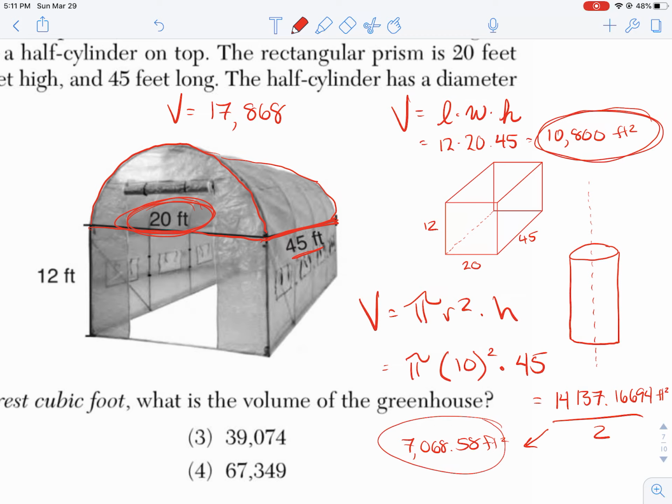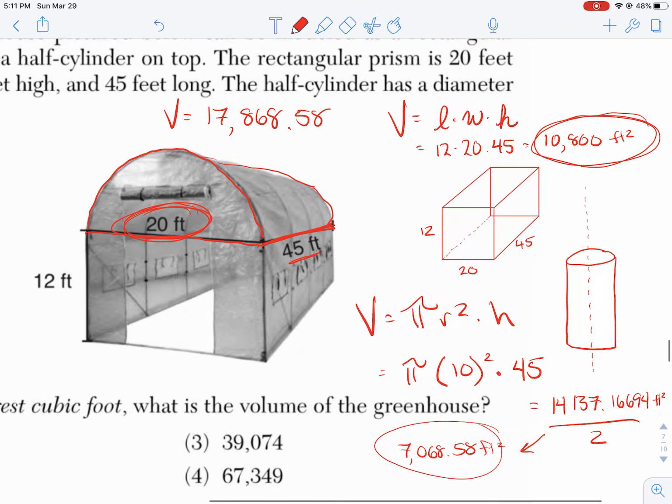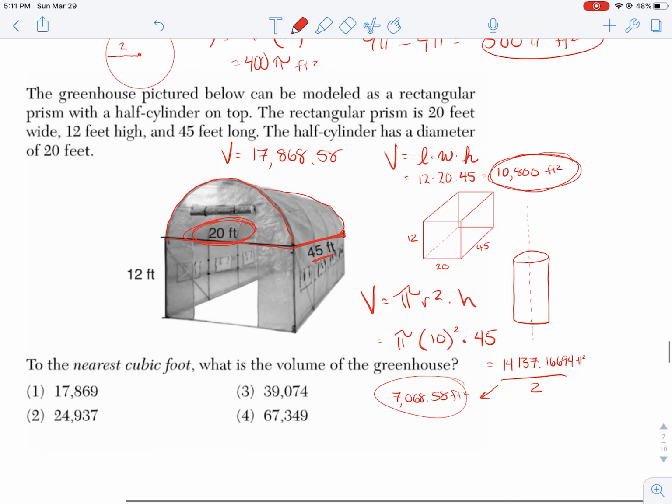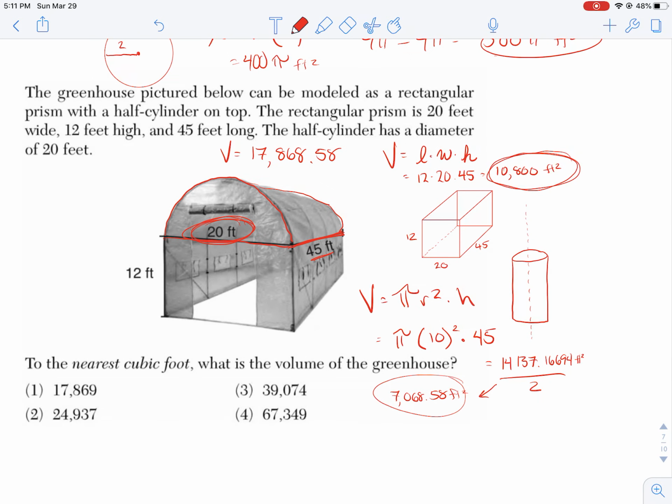And you should get a volume of 17,868.58. And what's it say? It says to the nearest cubic foot, so we're going to have to round that up. So our answer is that one right there.